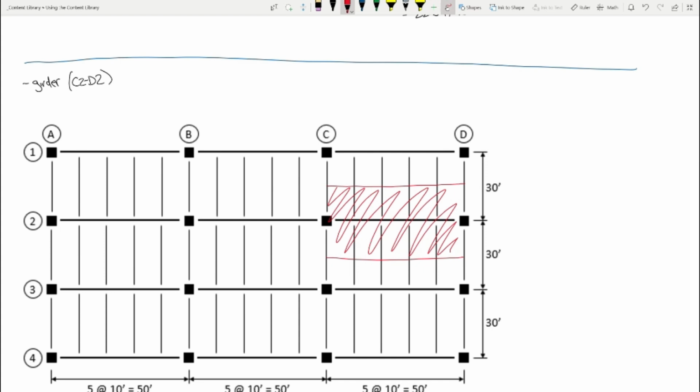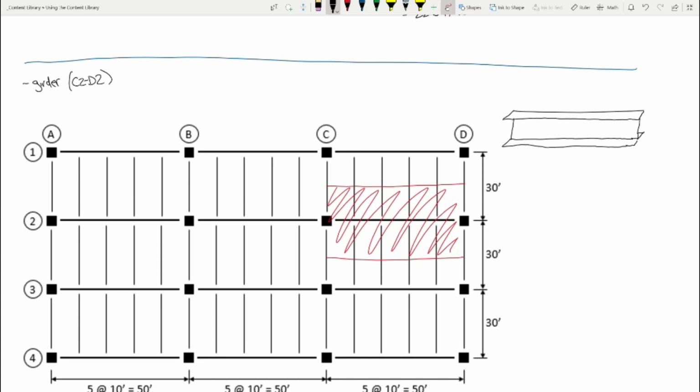So notice right here this girder has beams framing into it, right? Every 10 feet, there's a beam framing into it. So what's going on is we've got, oh man, this is going to be tough to do. I'll do my best. So here's a girder. Okay, that's the best you're going to get out of me.